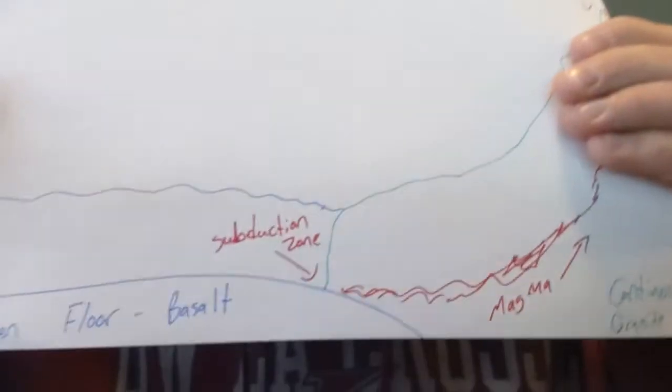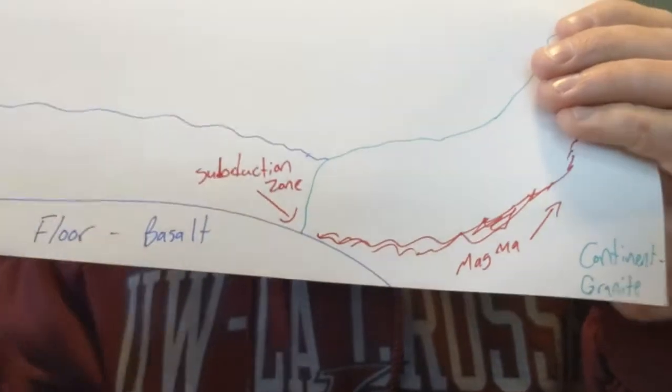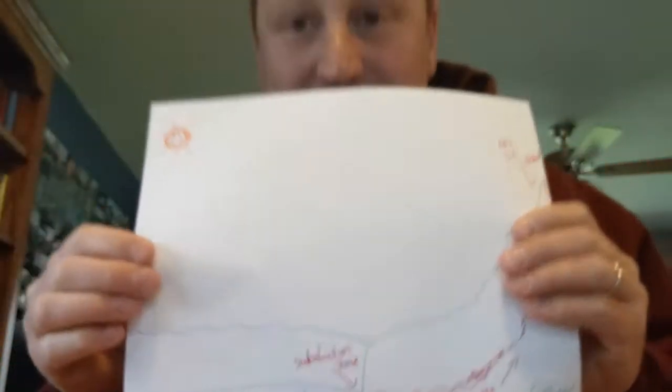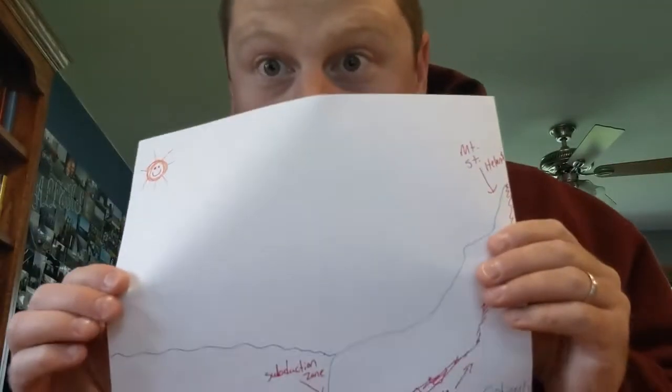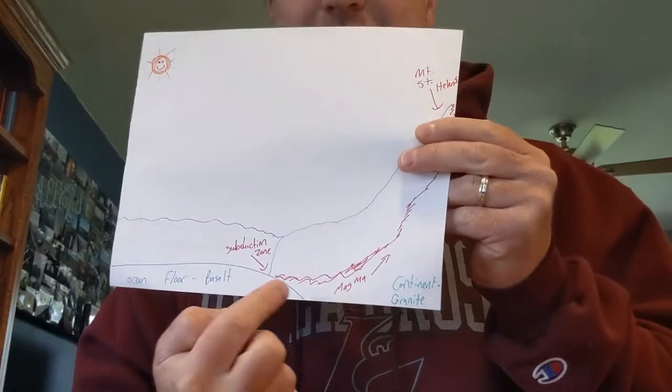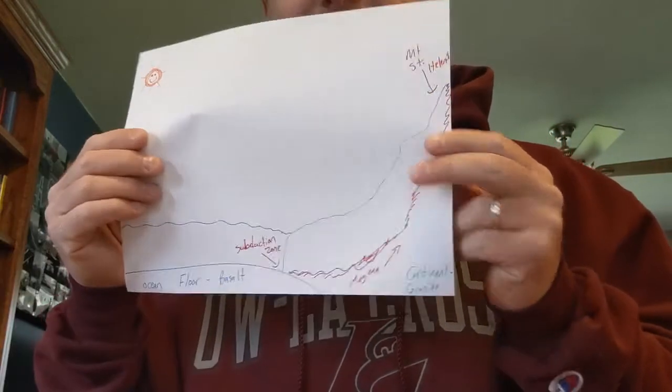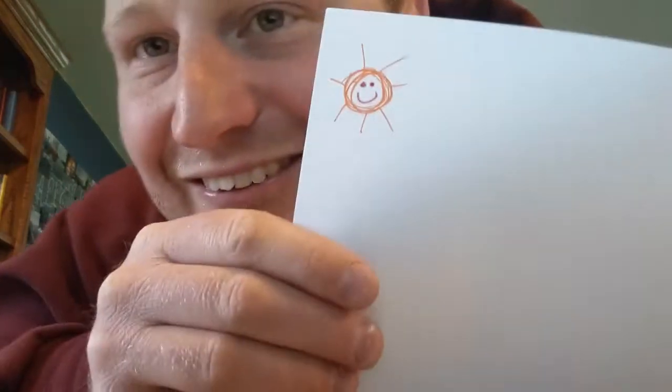That happens right here at the subduction zone. So, that basalt, that ocean floor, gets pushed back into the Earth's mantle, which is really hot. It melts the basalt. Well, hot things then rise. So the melted basalt becomes magma, and it rises up, and it creates a volcano. How cool. Notice I have my happy accidents on.